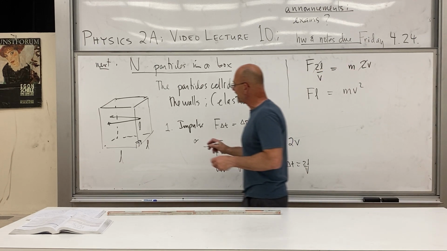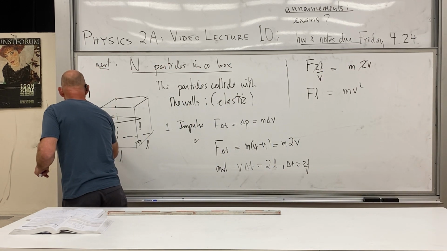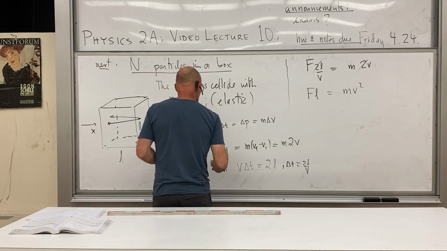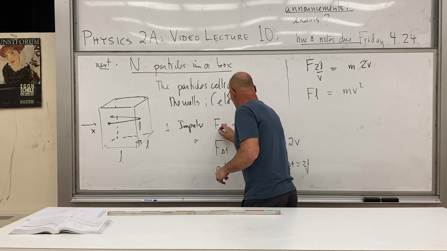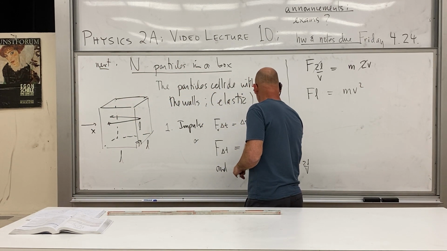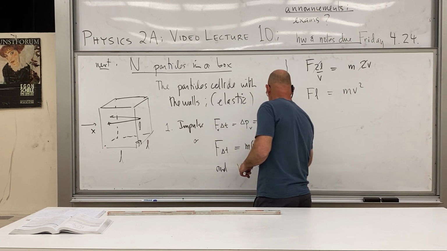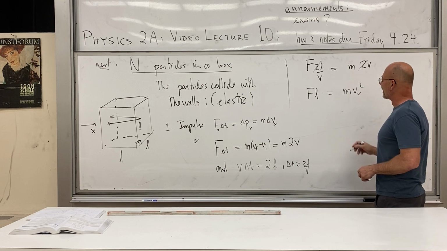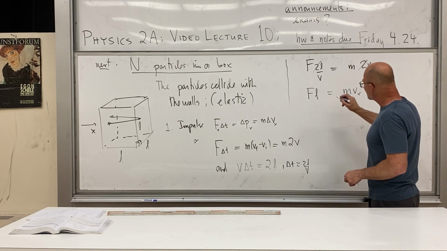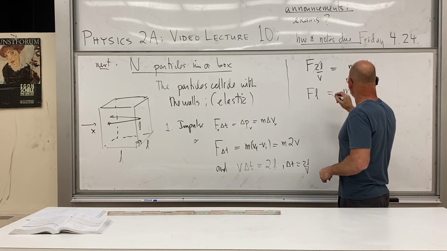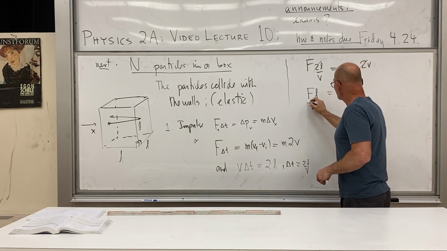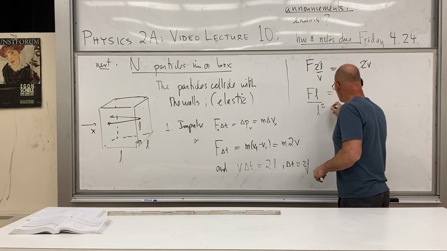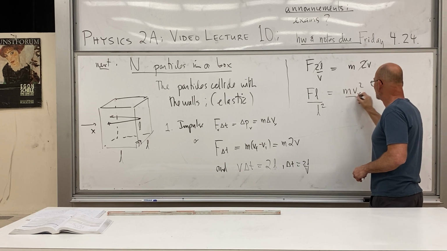Now this is all happening in the X direction, so I'm going to put x's on all of these things here: Fx, delta Px, Vx. So Vx squared, okay? Next, I'm going to divide by L squared, just because I can.